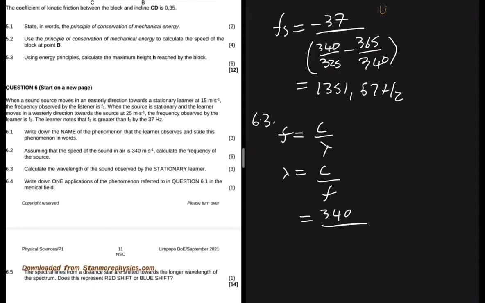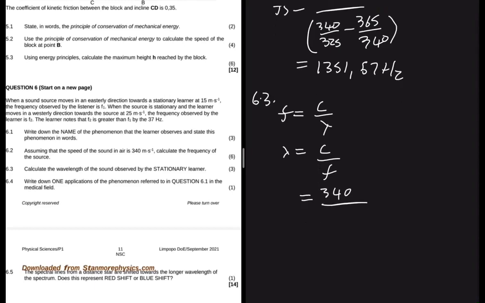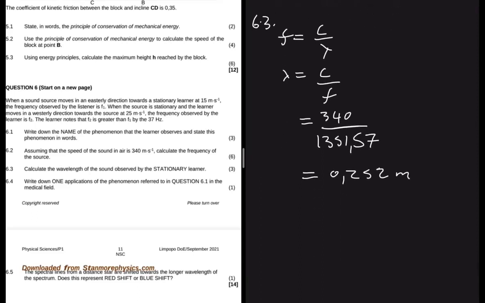And then what is the frequency? The frequency is what we just calculated, which is 1351.57, which equals 0.252 meters.